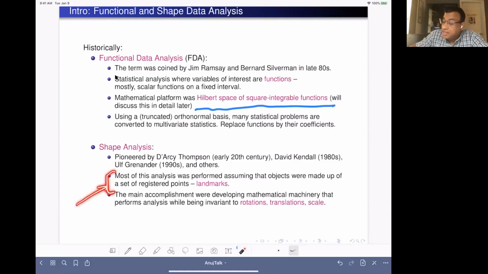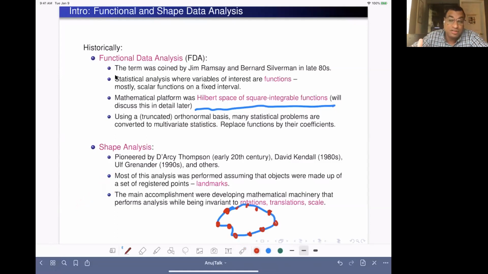Historically speaking, the main characterization of this work was that objects were represented by a set of points. So you have a certain object, a certain shape, you are interested in that. You would represent that object. So for example, if you have a certain contour, you would represent that contour by a set of points on that object.